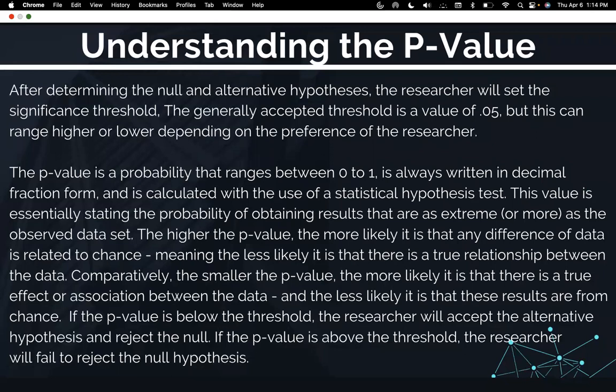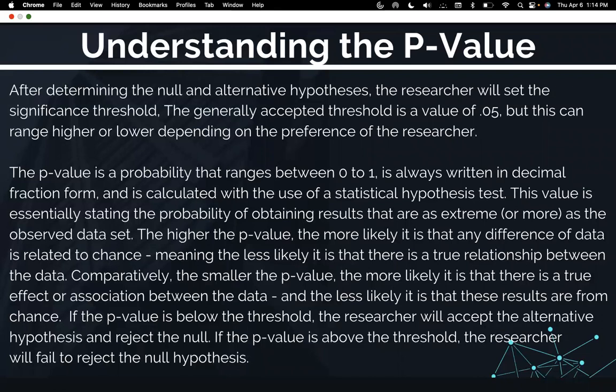It's always written in decimal fraction form, and it's calculated with the use of a statistical hypothesis test that we'll discuss later. This p-value essentially states the probability of attaining results as extreme or more extreme than the observed data set. And the higher the p-value, the more likely it is that any difference of data is related to chance and that there's no true relationship between the data.